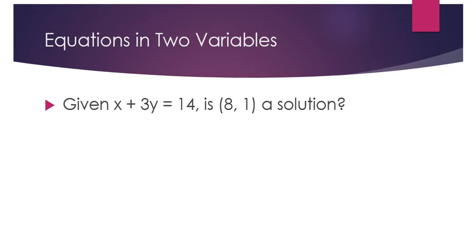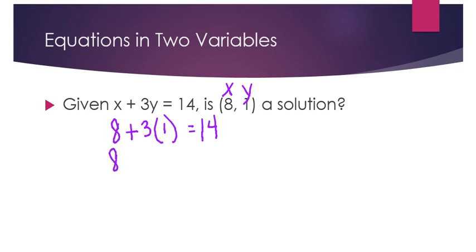Alright, so what about x plus 3y equals 14? Is (8, 1) a solution? So this time we'll plug 8 in for x and 1 in for y. So we'll have 8 plus 3 times 1 equals 14.